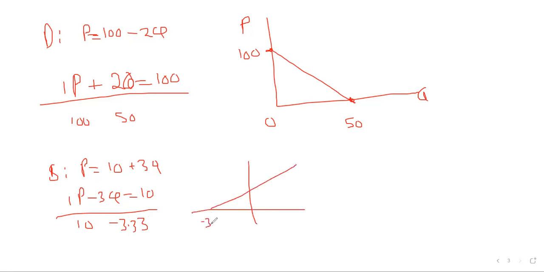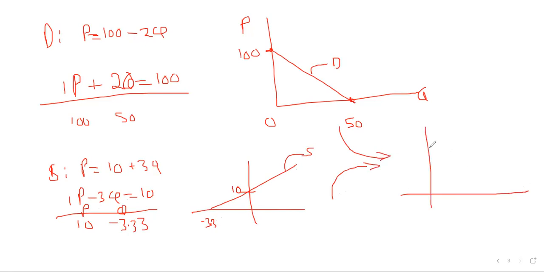Negative 3.33 on Q, since this is Q, and on P, we're going to have positive 10. So this is our supply, and this is our demand. Now, collectively, we can sketch this on one graph. When you sketch this on one graph, it will come out something like this.